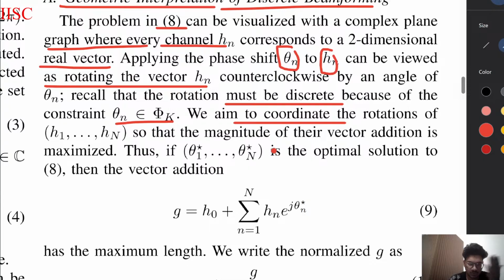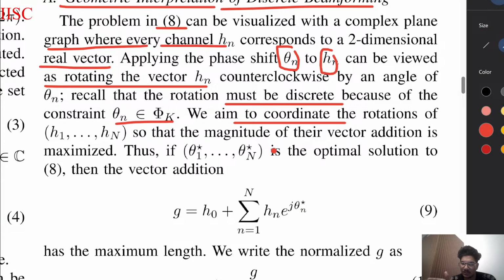So the problem we have to visualize in the complex plane, and each channel h n corresponds to a two-dimensional real vector. Applying the phase shift to the h n can be viewed as rotating the vector h n counterclockwise by the angle theta.